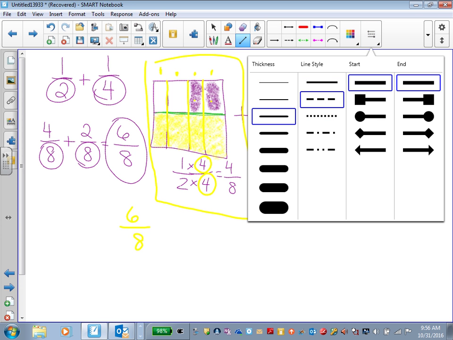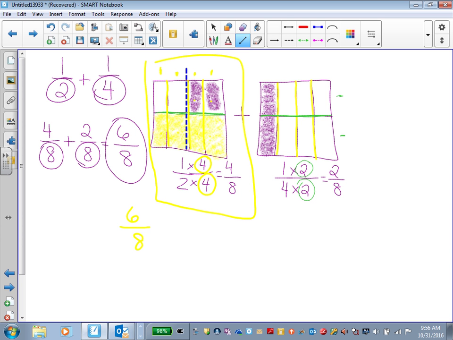All right. How could I divide up this box to show a simplified answer? Hayden? You could make dotted lines right down the middle horizontally, or vertically and horizontally. How many sections do I see shaded in right now? 3.